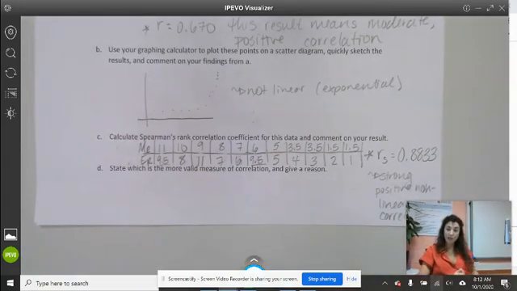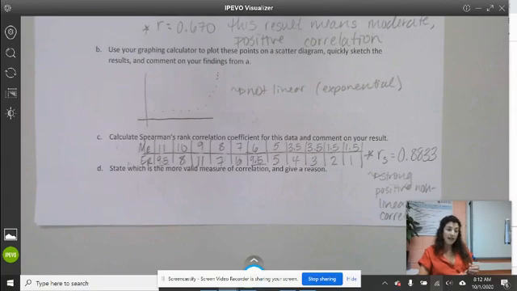This is definitely a stronger correlation than what you were getting for Pearson's. And that's true because the scatter plot that you saw on your diagram should definitely have shown you that it was a very strong exponential correlation and just not a very strong linear correlation.